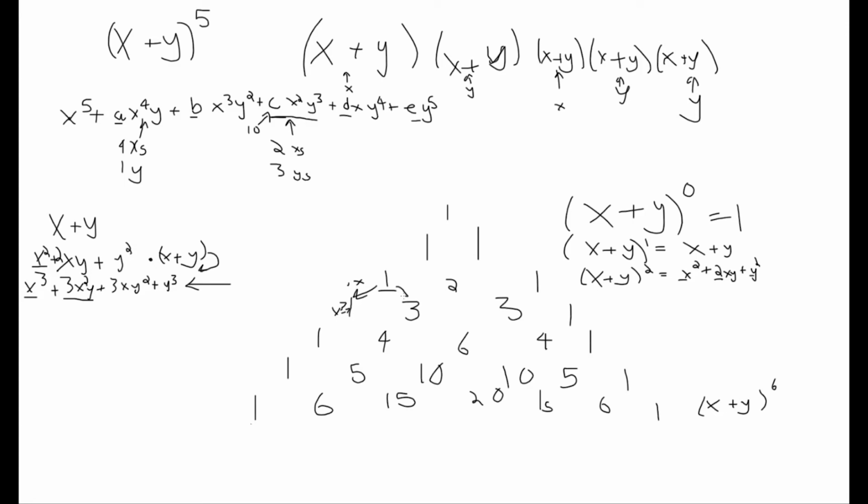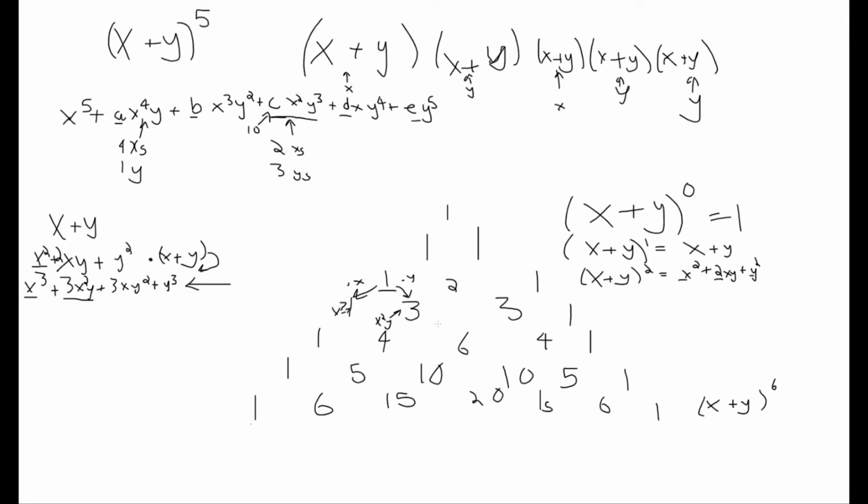Or it can be multiplied by y to get one of the x squared y's. So there's a number of ways to get the x squared y's. This is just one of them, for this x squared to be multiplied by the y.